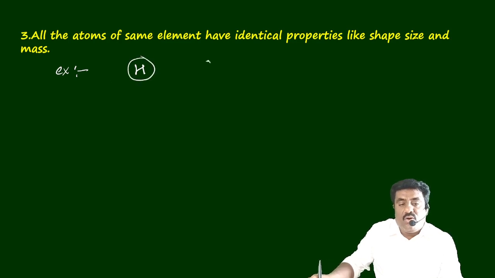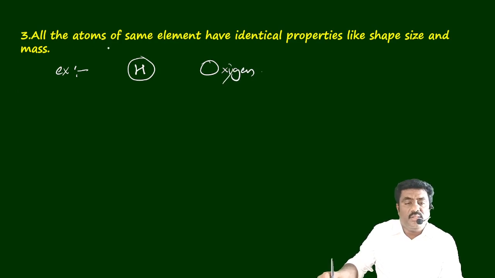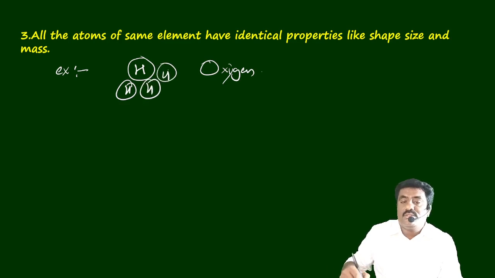Oxygen also has the same mass and size. So all hydrogens have identical properties, same size and mass, and all oxygens have the same shape, size and mass.